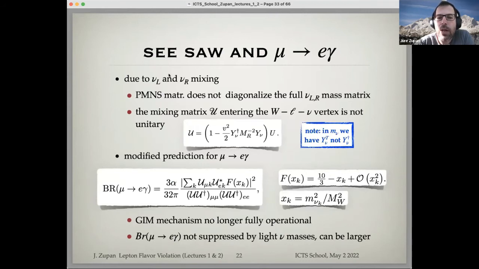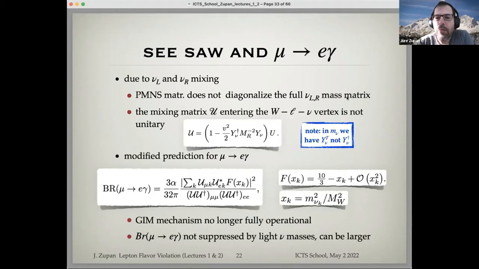Since the left-handed and right-handed neutrinos mix, the change compared to the case where we had just the Weinberg operator, so just assuming that the left-handed neutrinos are Majorana, is that the PMNS matrix does not diagonalize the full mass matrix. And so instead of having just 3 Majorana fermions, we now have 6 of them. So there's a 6x6 mass matrix.